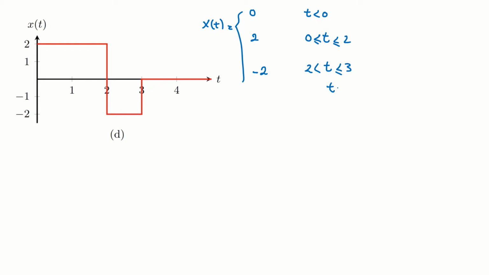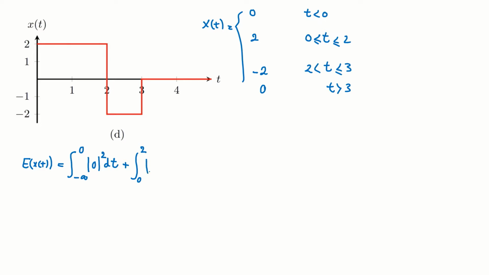And if t is larger than 3, then again the value of the signal is 0. So the energy of the signal equals integration over the value of the signal in these 4 intervals. It is integration from -infinity to 0 of, well, the value of the signal in this interval is 0, so we have absolute of 0 squared dt.